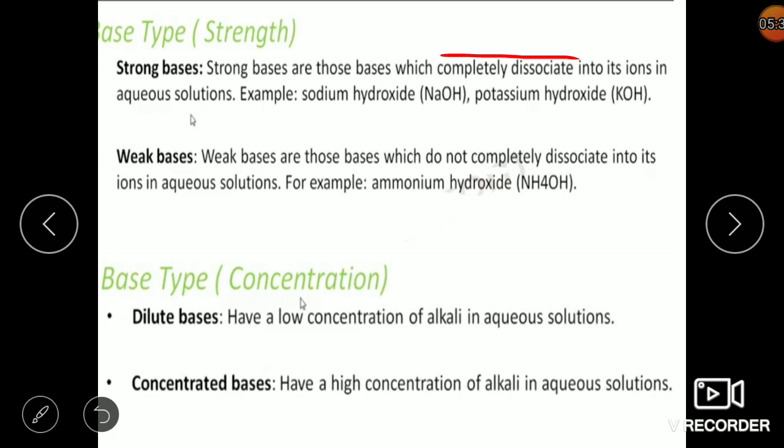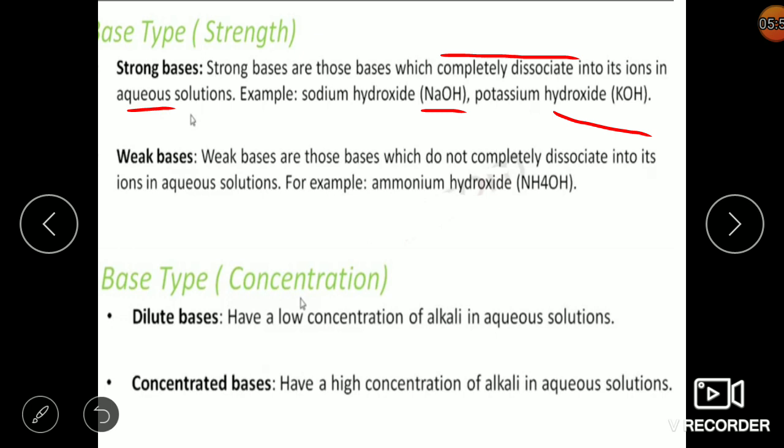Sodium hydroxide, when you give in water, aqueous means water, they will break down to form Na plus and OH minus ion 100%. Same as potassium hydroxide. So if they dissociate, they are able to produce a lot of OH minus ion. And if the concentration of OH minus ion is more, we have to term the base as a strong base.